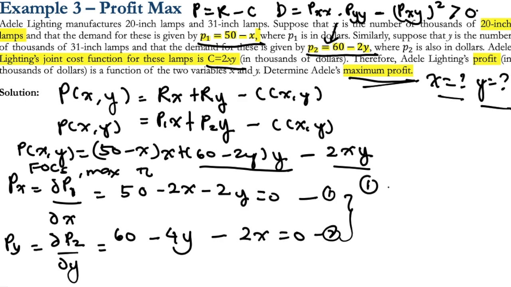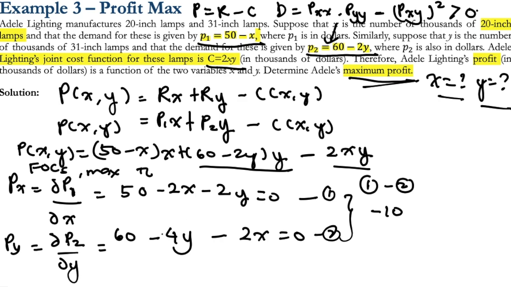Do simultaneous equation, subtraction. 1 minus 2, what do we get? 50 minus 60, we get minus 10. Okay? We get minus 10. And then minus 2X minus 2X, we get 0.